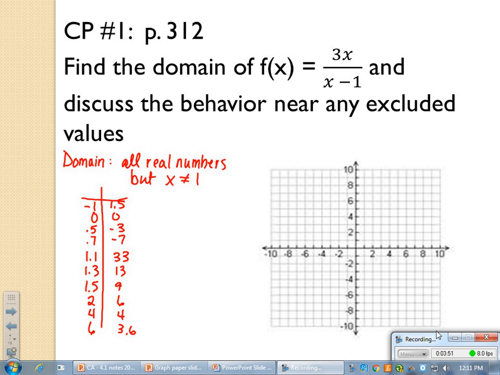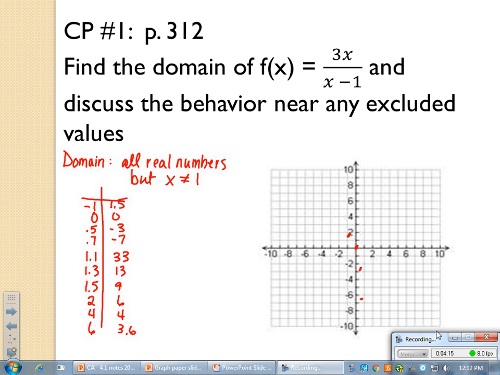So getting a sketch going here then, at -1 I was at 1.5, 0, 0, and see how when I crept in a little bit, I went down quite quickly as I got closer to that value of 1. So you can see what this curve is going to do.